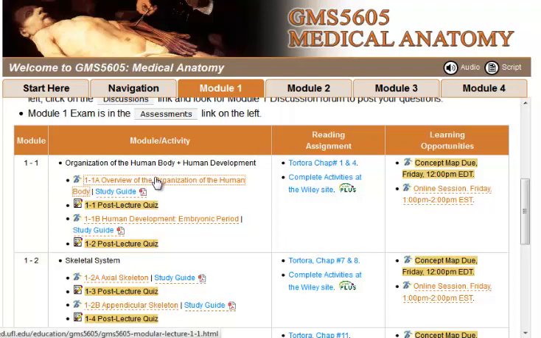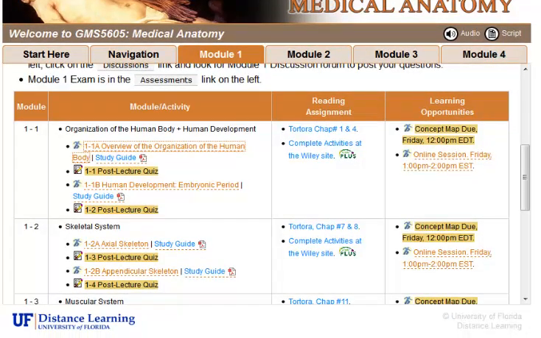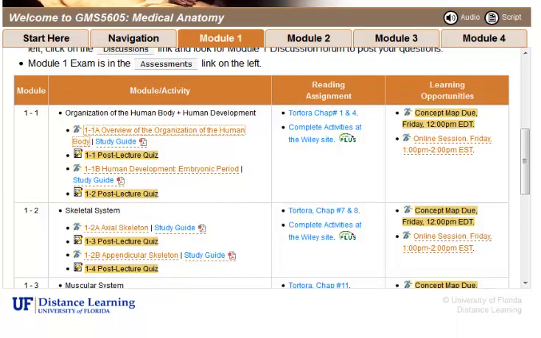And each module has its own lecture and then a study guide. And after each lecture, the student is supposed to take a quiz. There are activities in the ebook, the chapters that they have to read, and then the activities in the Wiley site where they have the opportunity to take some quizzes and self-learning activities.